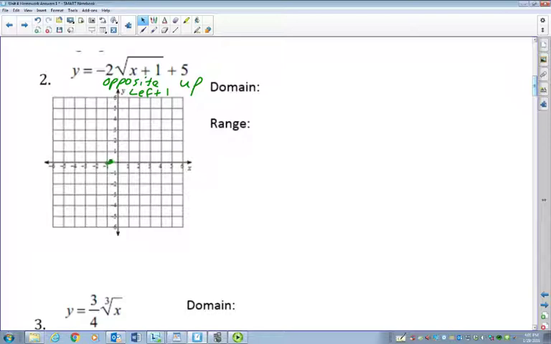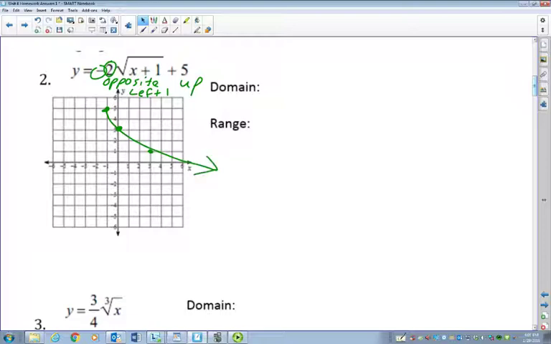So we're going to go to the left one and up 1, 2, 3, 4, 5. And we're going to go down, but we're also going to go down 2. So instead of 1, 1, like we're used to doing with an upside down radical, we're going to go down 2, like that. And then when we go 1, 2, 3, 4, instead of going down 2, we're going to do 2 times 2 is 4, yeah. So it's going to go like that. And so that'll be our graph.